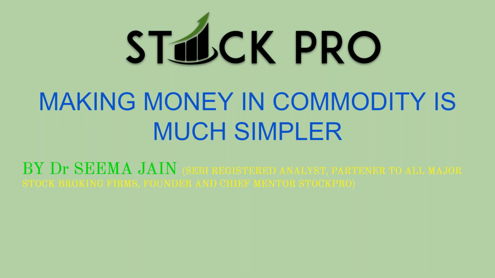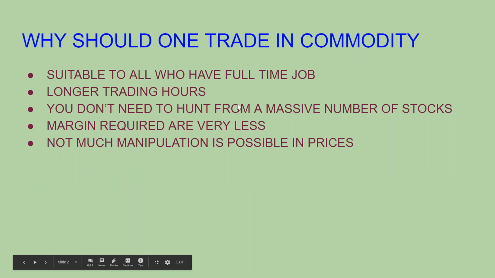My today's webinar is all about live trading in commodity. I've been emphasizing a lot that making money in the commodity market is much easier, and a lot of factors are associated with it. It's suitable for all those who are doing a full-time job, as you get longer trading hours.